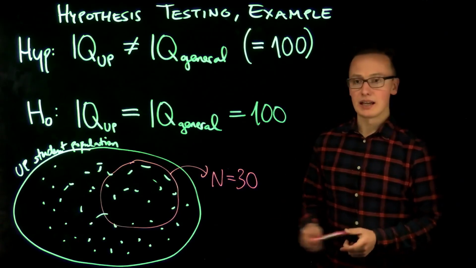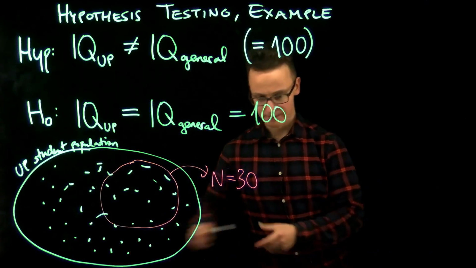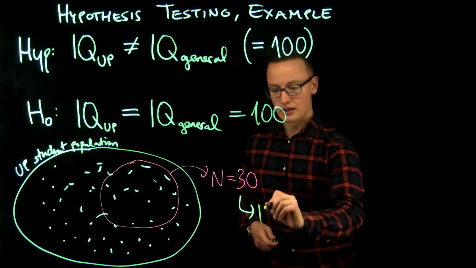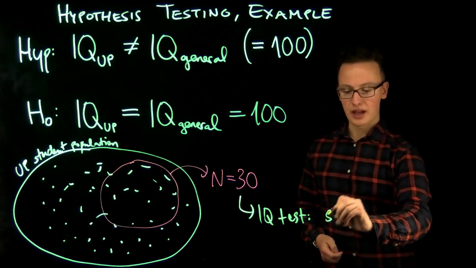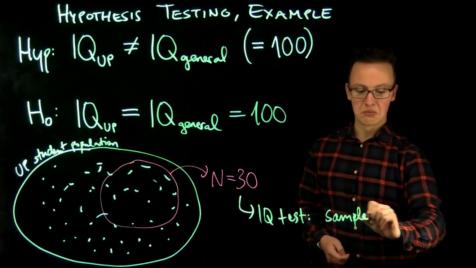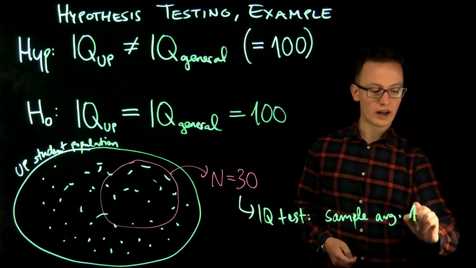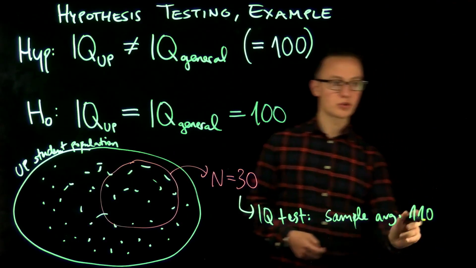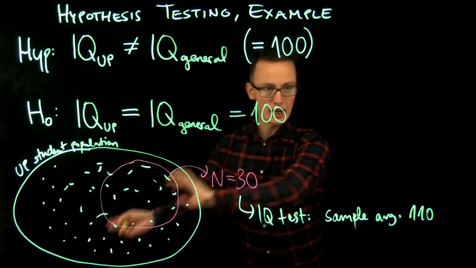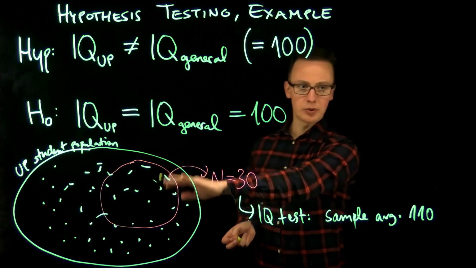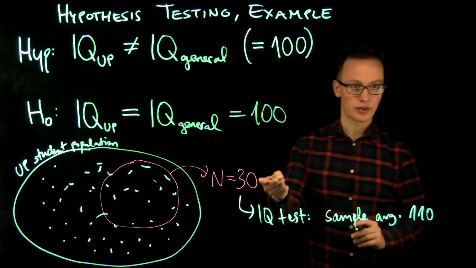Okay, and now let's say that we do this IQ test on them, and we find a sample average of, let's say, 110, like an average score of 110 in this particular randomly selected sample out of the population of Uni Potsdam students, which contained 30 subjects.